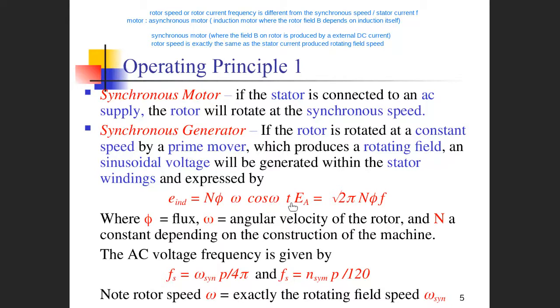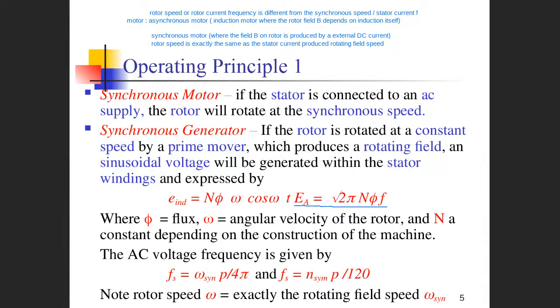The root mean square value, the effective value, can be shown to be root 2 pi times the number of turns, flux density, and length, times f.